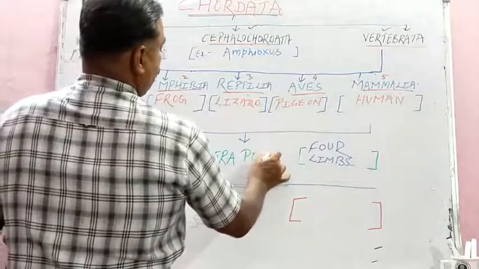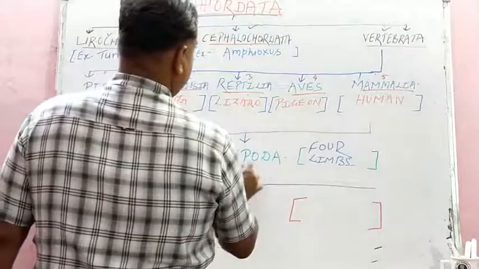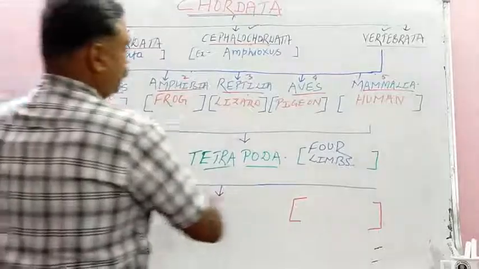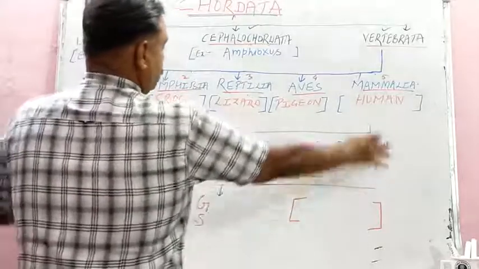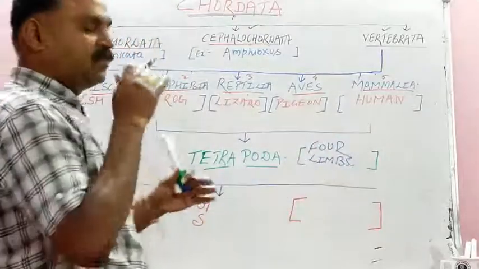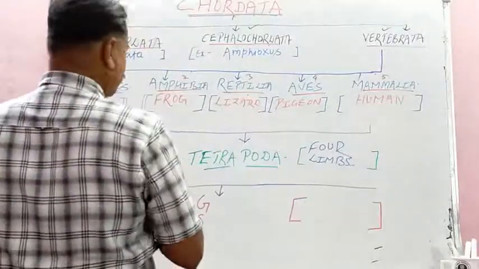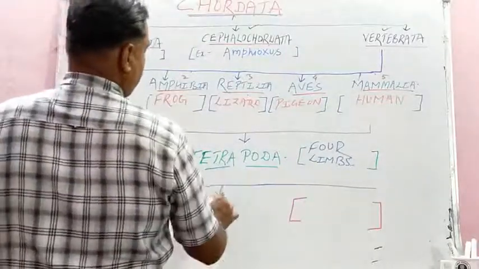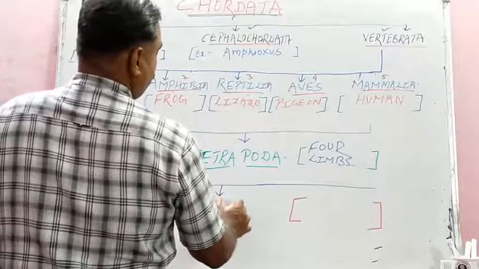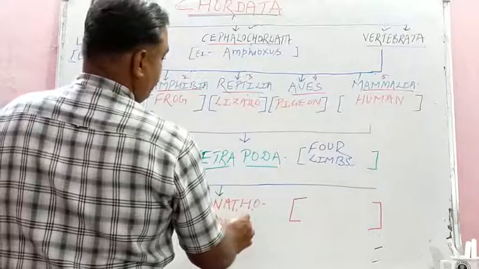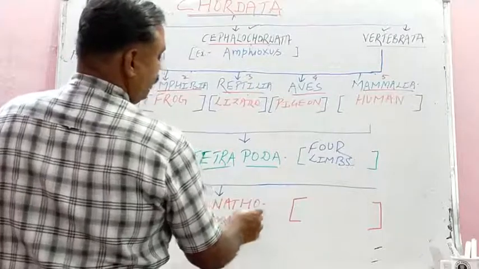Tetra means 4, poda means leg. And student, all together these have mouth with jaws. So they are called Gnathostomata. Gnatha means jaws, stomata means mouth.